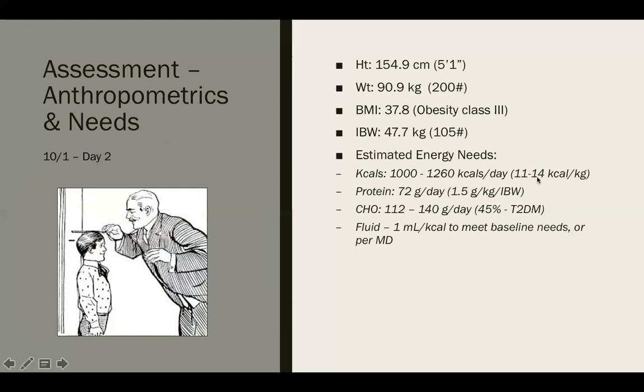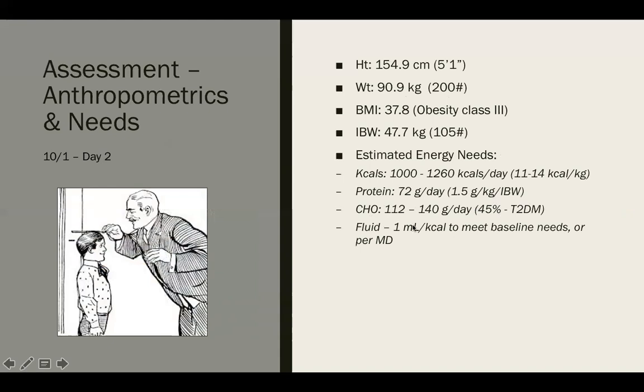The patient is obese. We calculate their needs at 11 to 14 kcals per kilogram if they're obese and in the ICU and vented. Sorry about that. Calculate the protein based on their ideal body weight, giving them 1.5 grams per kilogram. And then because she is diabetic, we calculate her carbohydrate needs as well, and we do that based on 45% of her calories coming from carbs.